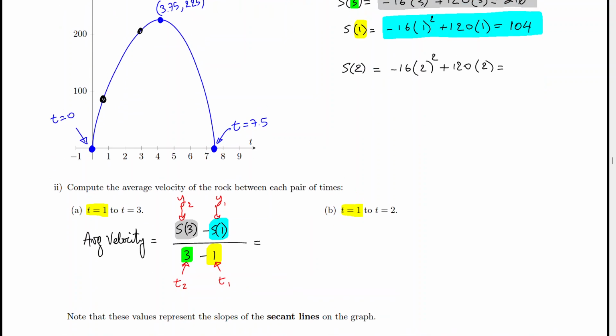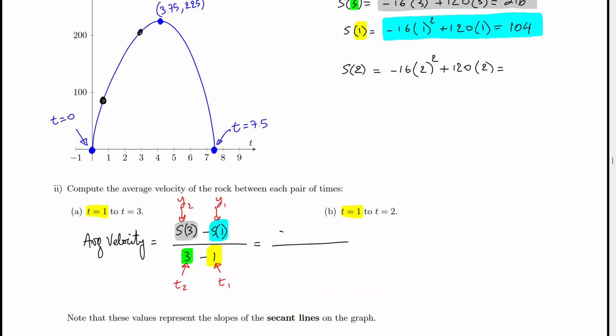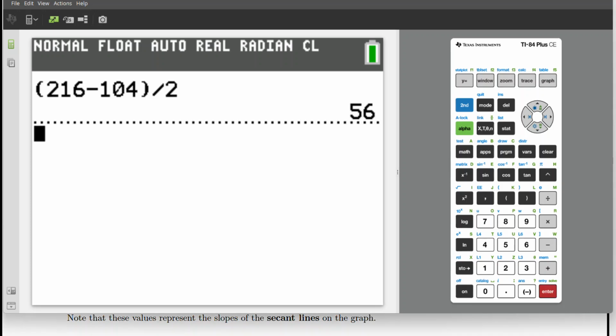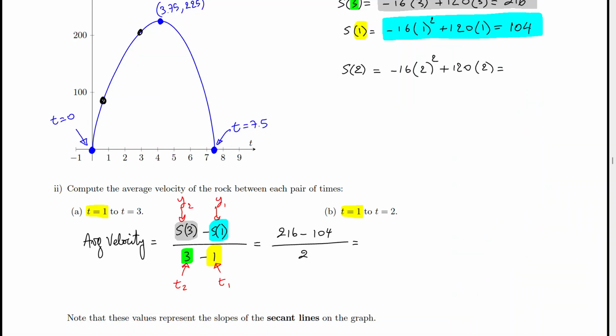So with the whole thing done, I'm going to have 216 minus 104 divided by 3 minus 1, that's going to be 2. It's just simply 2. And now we can estimate what the value is, again, using the calculator. And I'm getting 56. So 56 is my first solution for the first problem. And what's the unit?